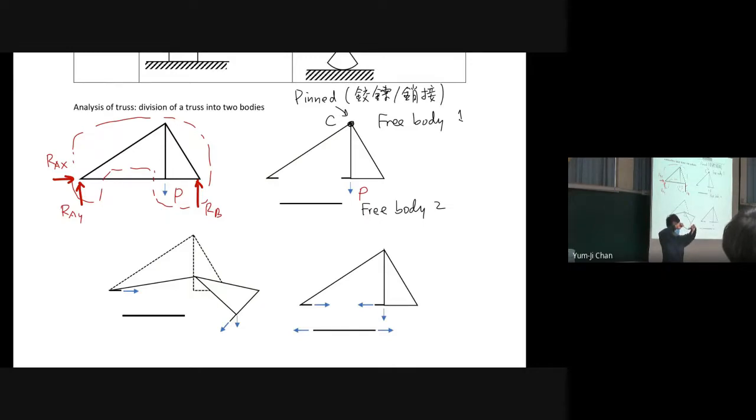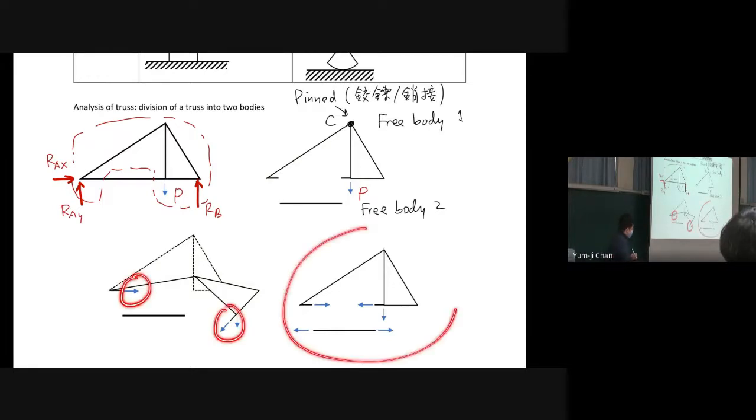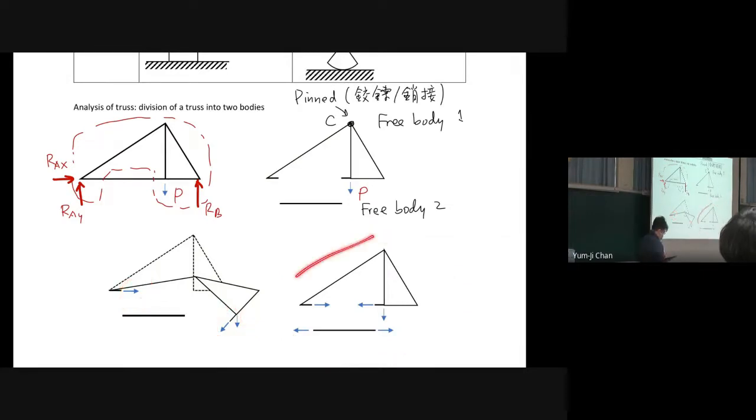If we want to return the structure to the original position, we add two forces here, and it will become the original shape, right? Now, how much force do we add? We look at this figure.